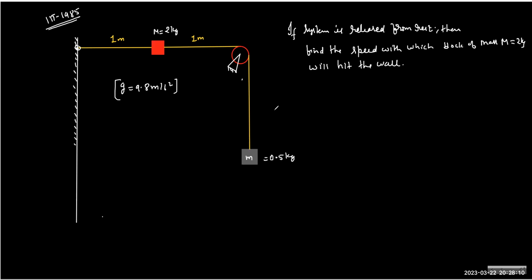So vertically downwards? No, it is attached to a string. No? So the tension is always there. The string never becomes loose. So will it be a curve sort of?